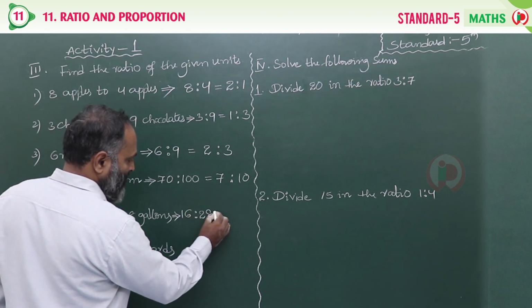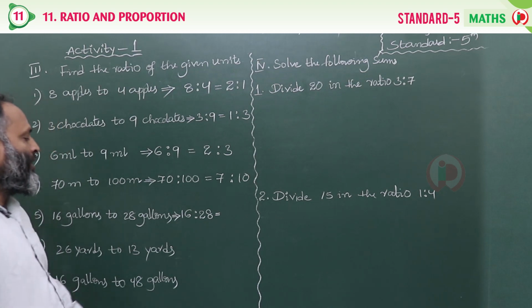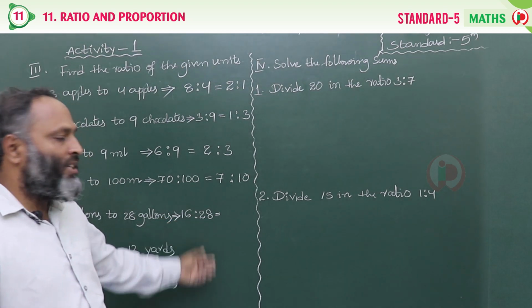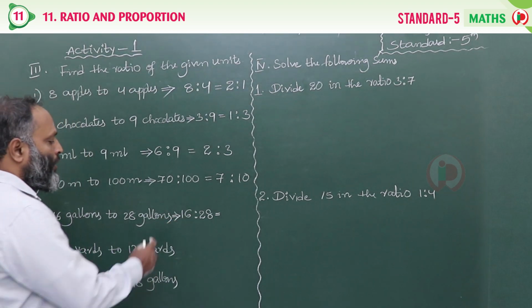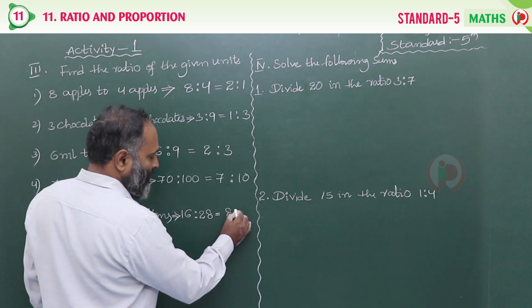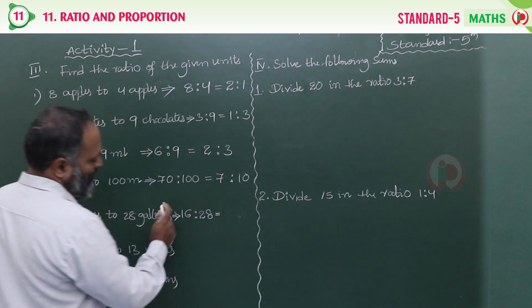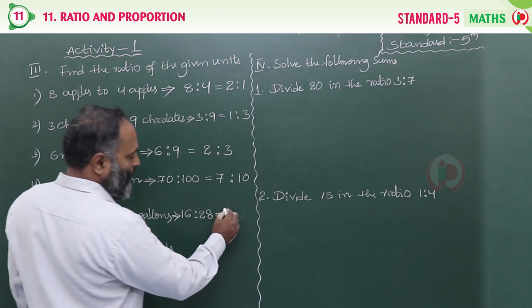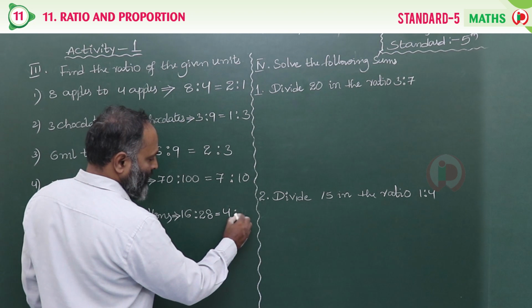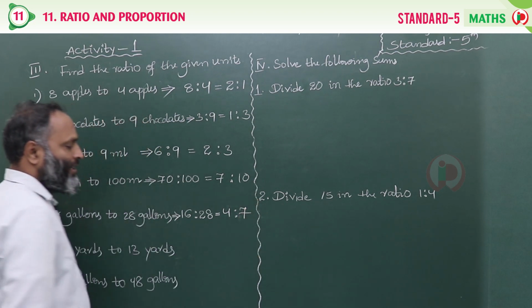How to cancel this? These two have a common factor 4. 4 4s are 16, 4 7s are 28.